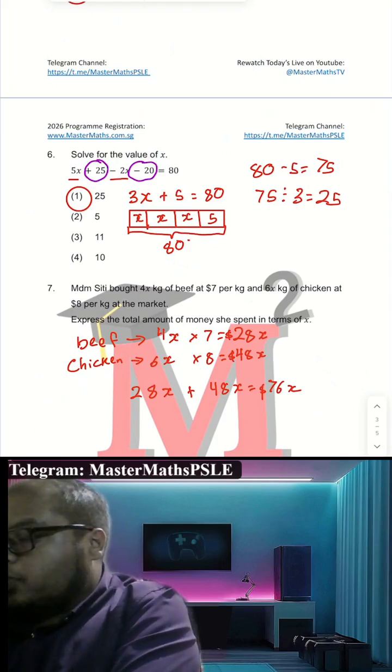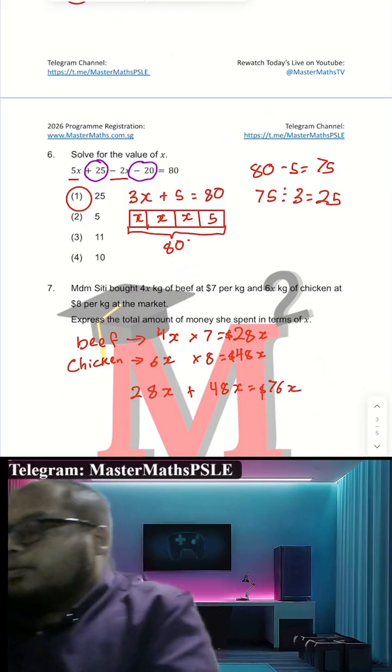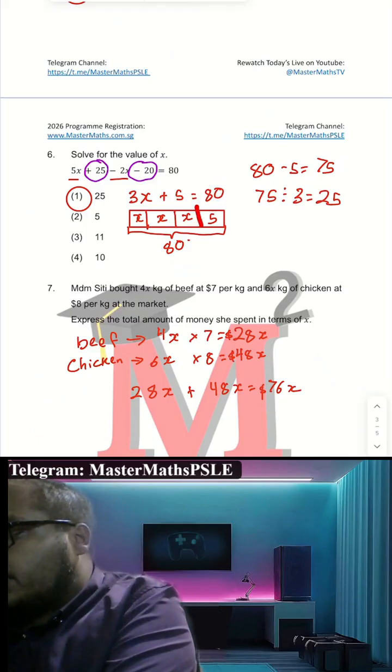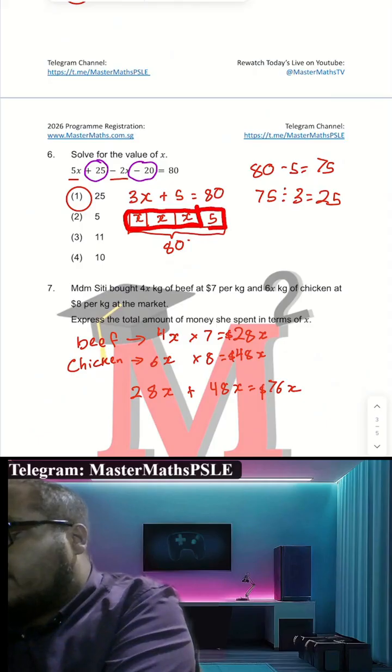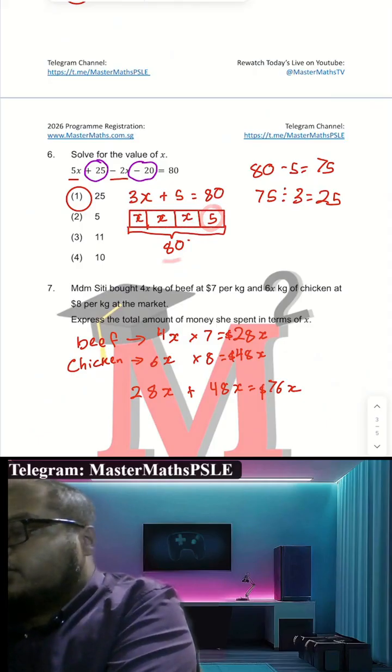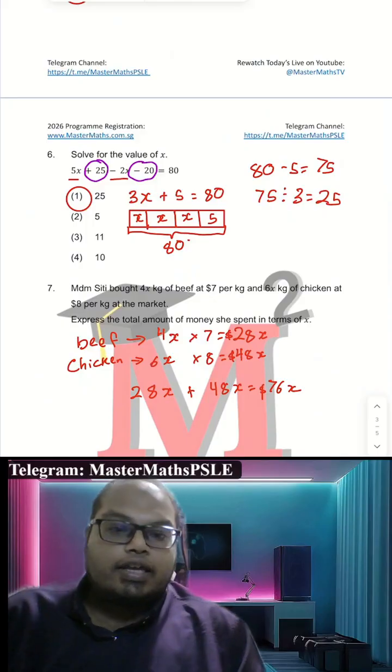So equals 80. Like I say, use a model. So we got 3x as 3 units, and we got a 5. So 80 minus 5 is 75, divide by 3, 25.